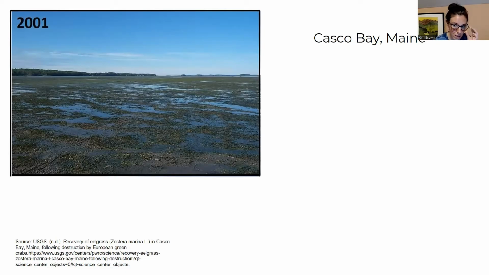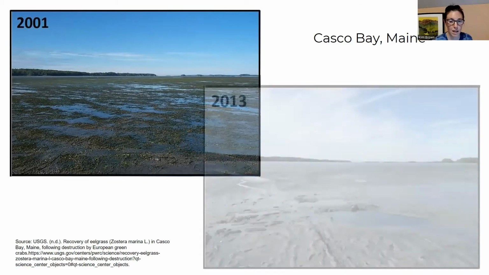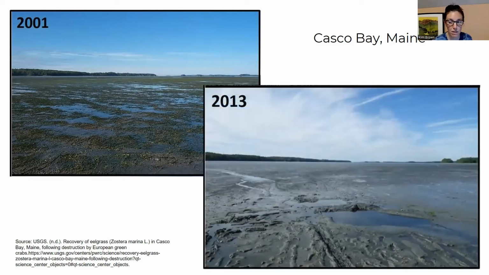So this picture shows Casco Bay in Maine from 2001, a very well-established, healthy eelgrass bed, and then the same bay in 2013. And so we see a huge loss in eelgrass cover, which was ultimately tied to green crabs. I'm going to take a second to rave about eelgrass and just why it's so critical.